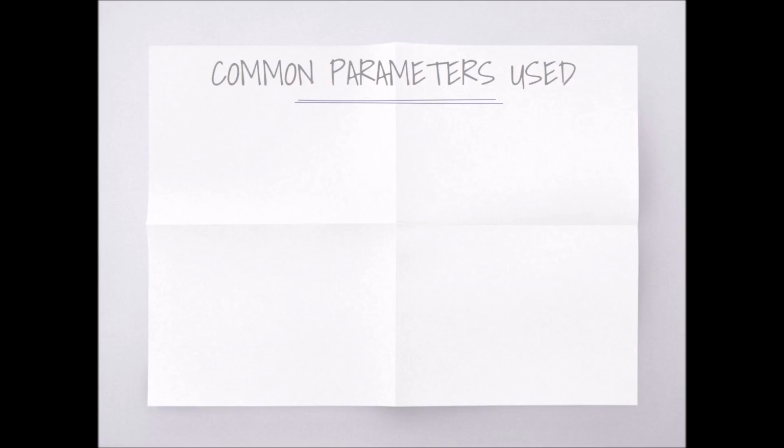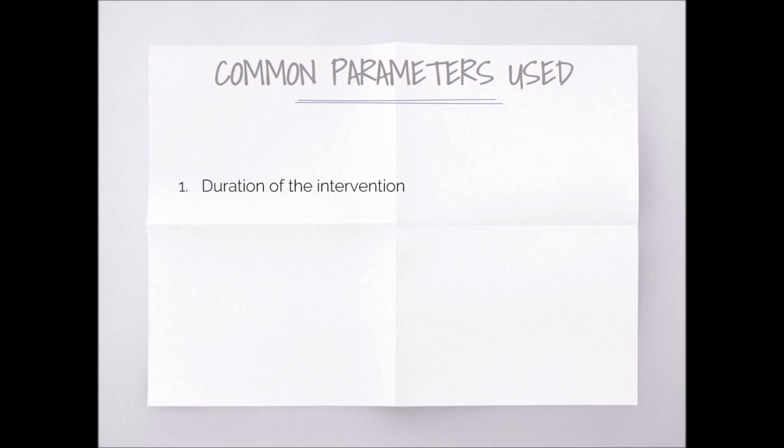Conclusion. The common parameters used for the intervention constraint-induced movement therapy are the following. Number 1. The duration of the test conducted, which lasts for 2 weeks with a maximum of 4 weeks, and the duration of the intervention process, which usually lasts for 6 hours per day. Number 2. Duration and frequency of use of splints.